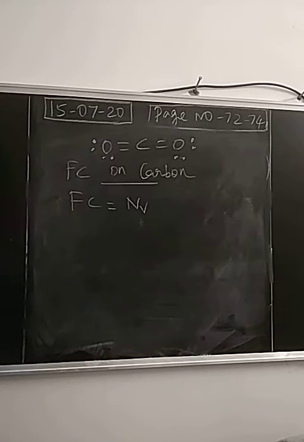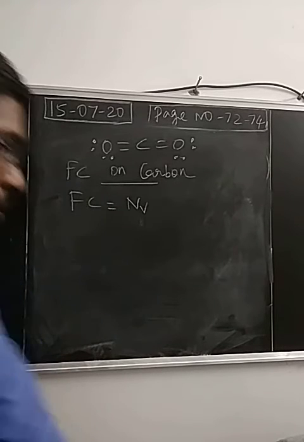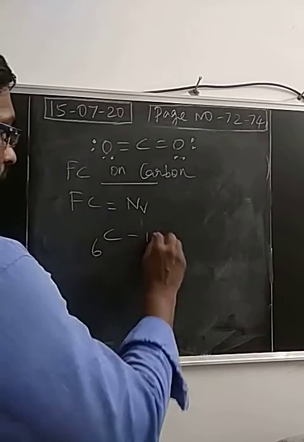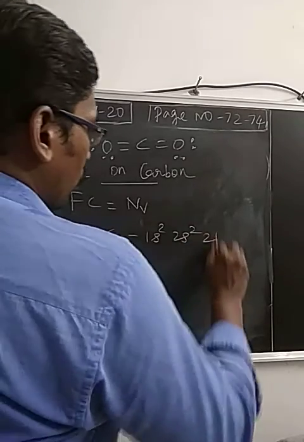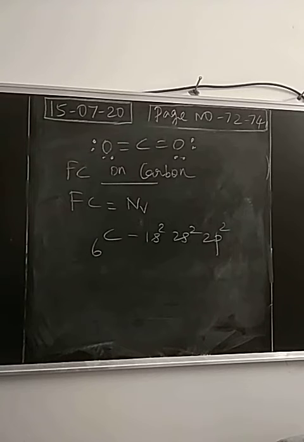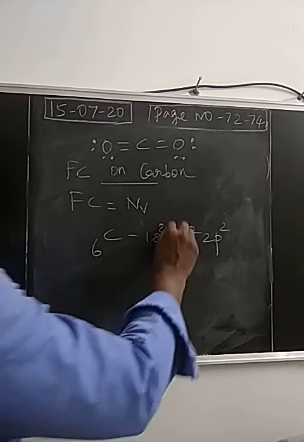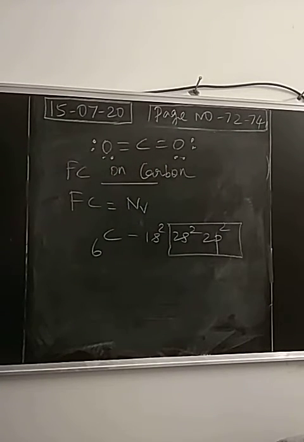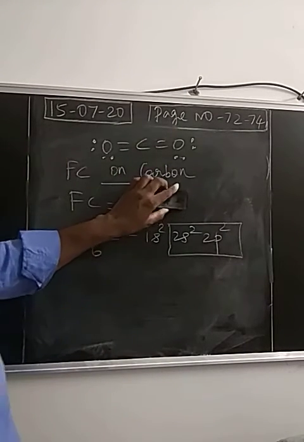The number of valence electrons of the carbon atom in isolated state. The atomic number of carbon is 6. Electronic configuration 1s2, 2s2, 2p2. This is the electronic configuration of carbon in isolated state. So the outermost shell has 4 electrons. So NV value is 4.